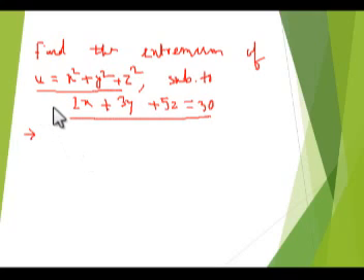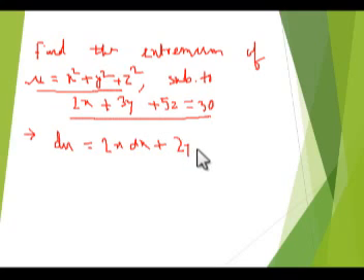First we take the differential form of it. For a maximum or minimum value of u, we have du equal to 2x dx plus 2y dy plus 2z dz equal to 0.